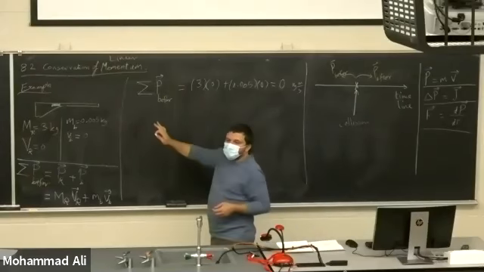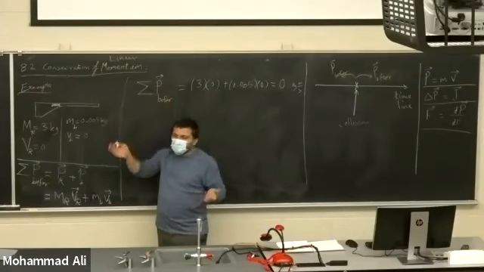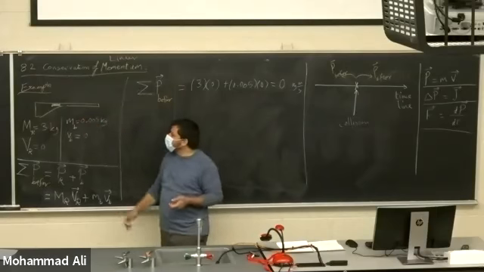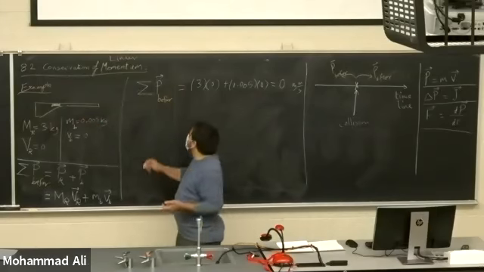This is the total momentum before the shooting, because we have masses, but the velocities are 0.